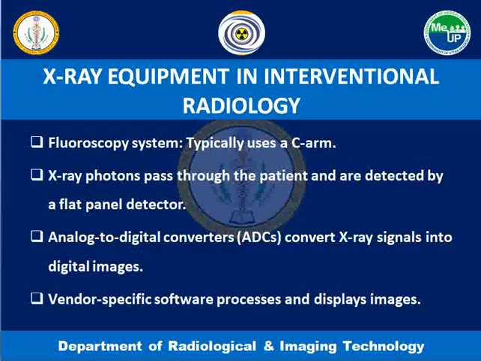These photons are then captured by a flat panel detector, which converts the received X-ray energy into electrical signals. Analog-to-digital converters, ADCs, process these signals, transforming them into digital images. Vendor-specific software further refines, enhances, and displays these images on a monitor, allowing radiologists and clinicians to visualize internal structures dynamically for precise diagnosis and treatment.